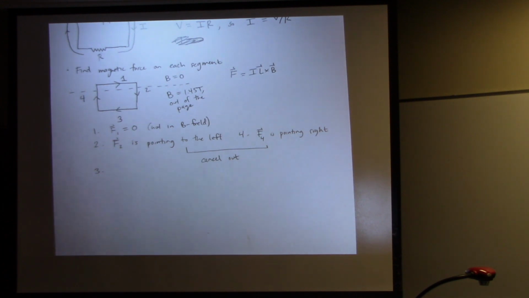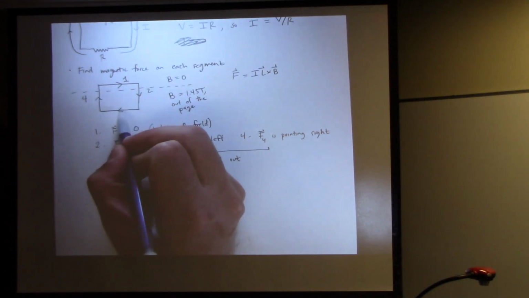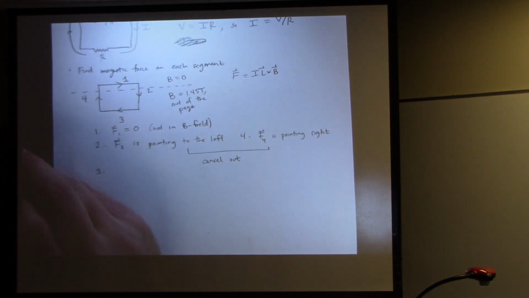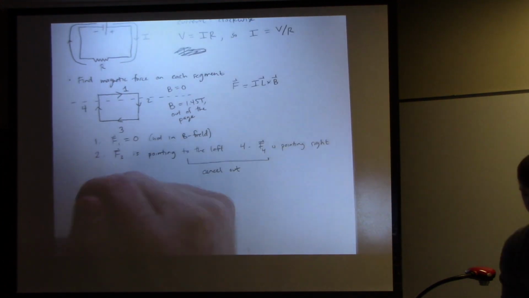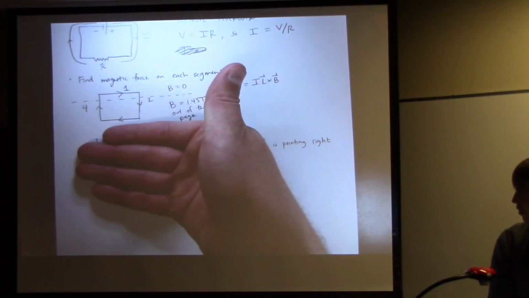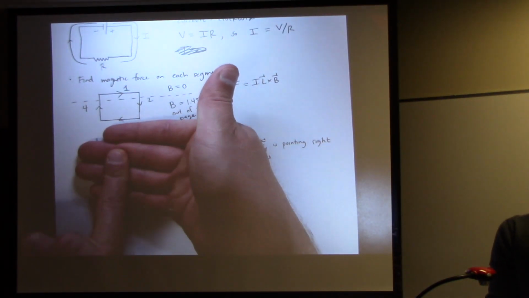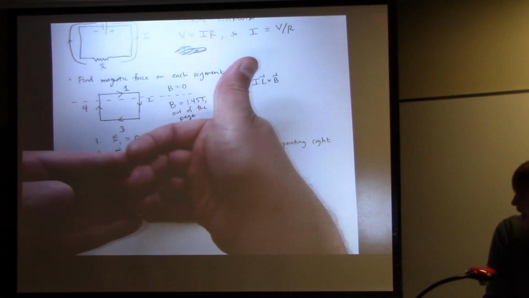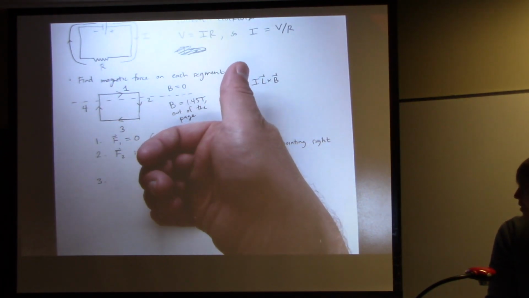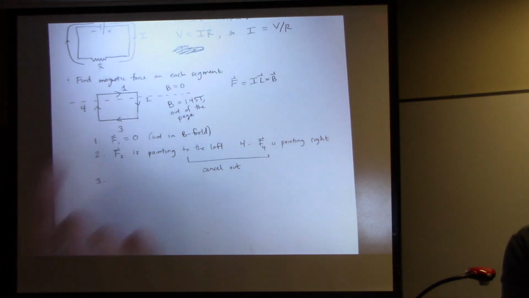Okay, so let's figure out what direction this is. By the right hand rule, if I take the fingers of my right hand, point them in the direction of the current like this, I'd have to curl out of the page for the direction of the B field. Now my thumb is pointing up.